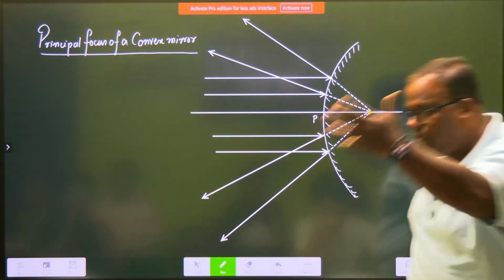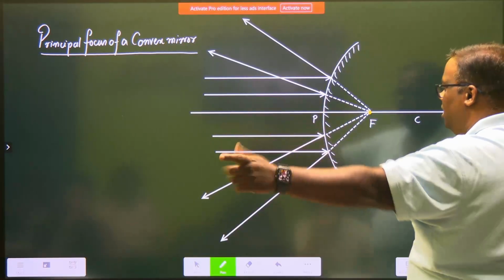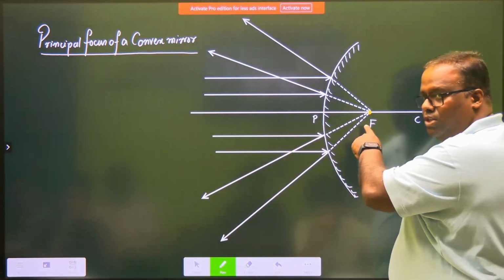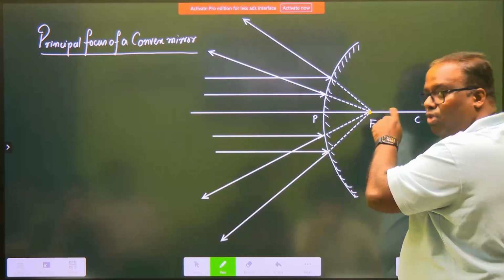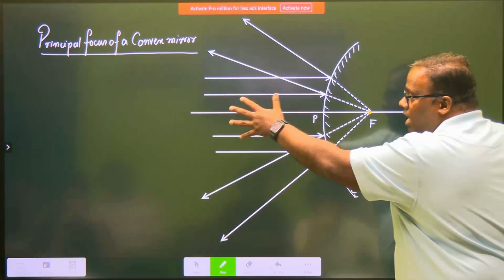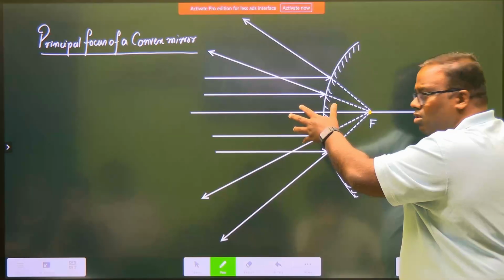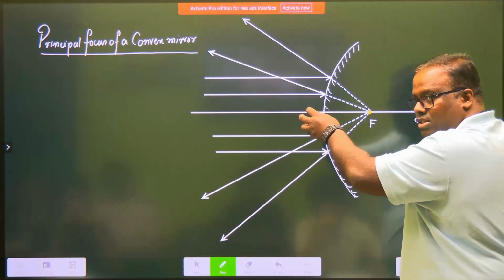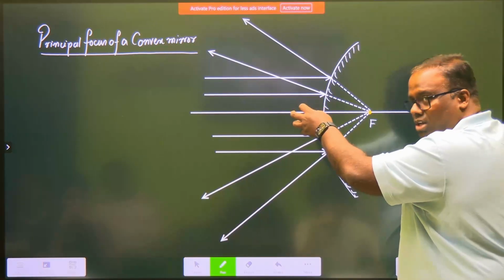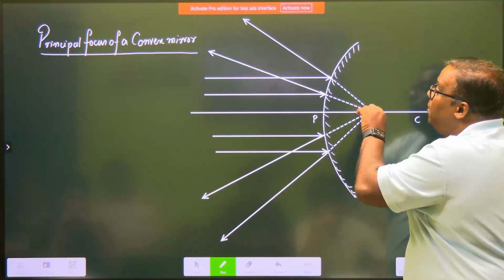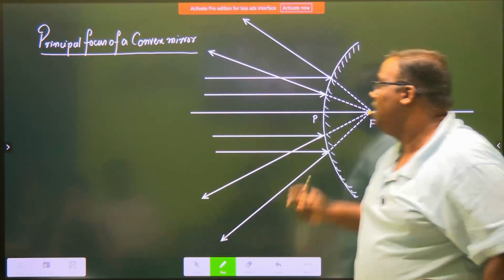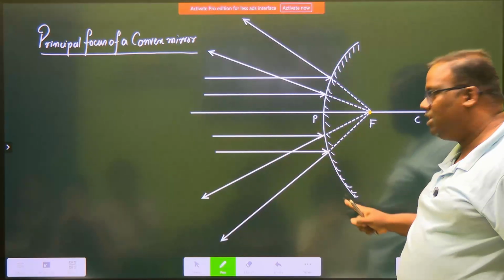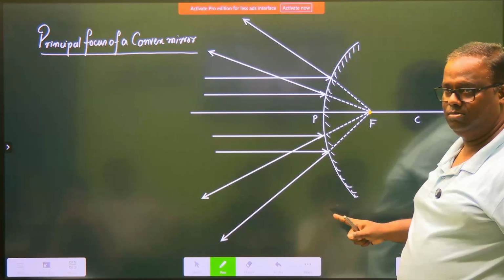So if I try to define it in English, the principal focus of a convex mirror is a point on the principal axis from which paraxial rays, close and parallel to the principal axis, appear to diverge out after getting reflected by the convex mirror.